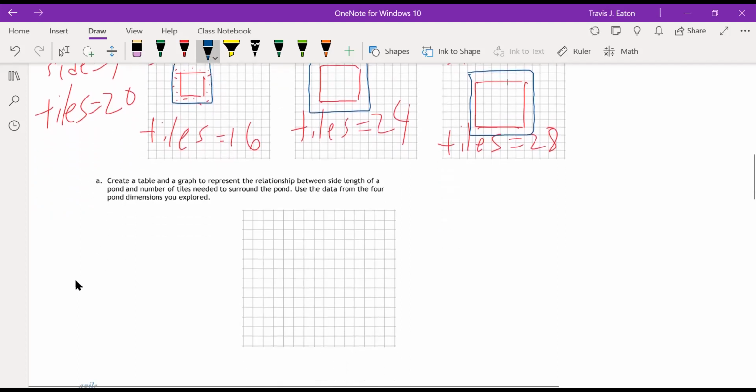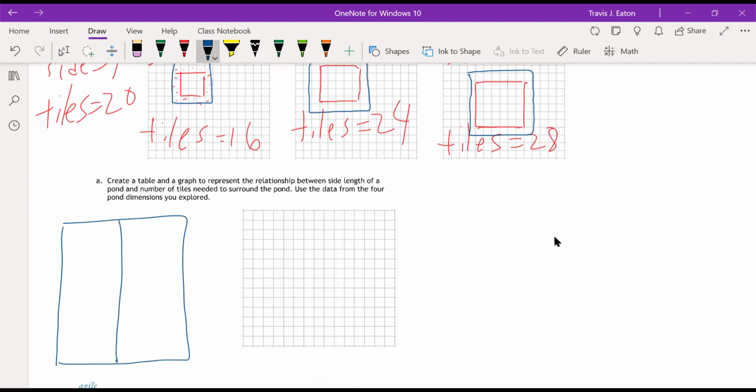Now that we've done this, we can create a table and a graph to represent the relationship. Is there a relationship between the length of the side of the pond and the number of tiles that it will take?